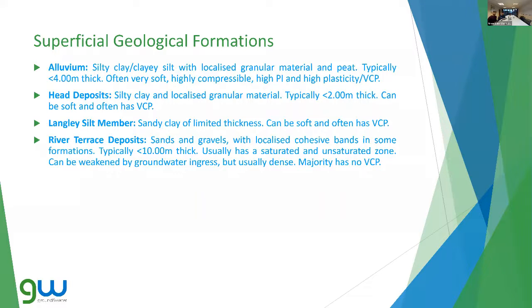They do contain some water at the base of those formations, and they are capped by significantly cohesive deposits like the London Clay. The majority do not have volume change potential. However, in some areas, those cohesive bands may give you that volume change potential.